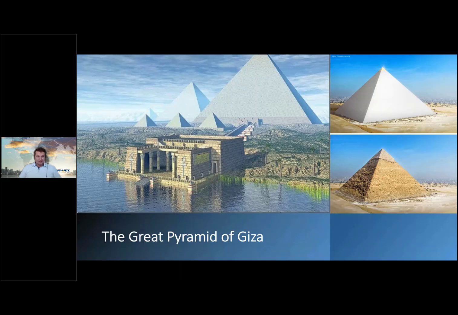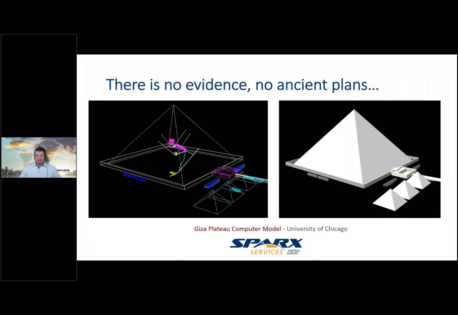That's great, but the problem is we don't have any evidence, any plans. As we know, the architecture documentation is very important, but this is missing. Obviously, using nowadays technologies, we can measure everything to precise measures and we can reverse engineer the current state of the final product. In this case, it is a pyramid.